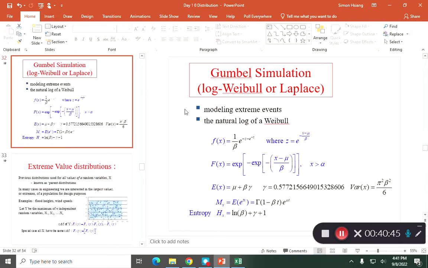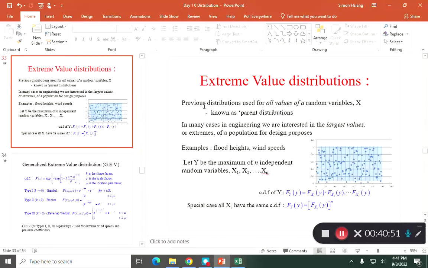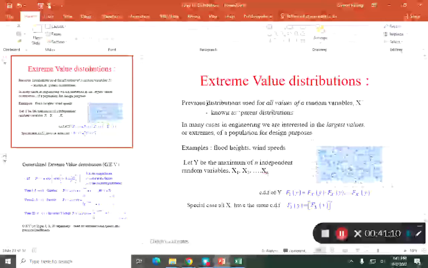Now, the next thing I'm going to talk about is extreme value distributions. Extreme value distribution is about risk or reliability based on a lot of unusual cases. The focus is beyond certain points.